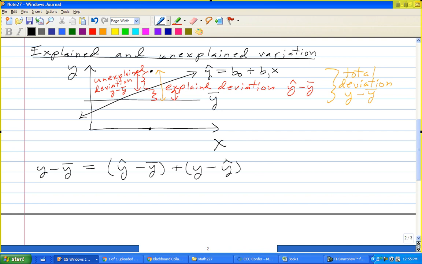Okay, so now I have that the total deviation, this first quantity on the left, is just equal to this explained deviation here plus the unexplained deviation.